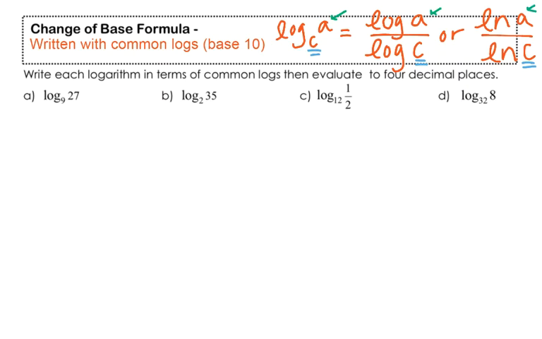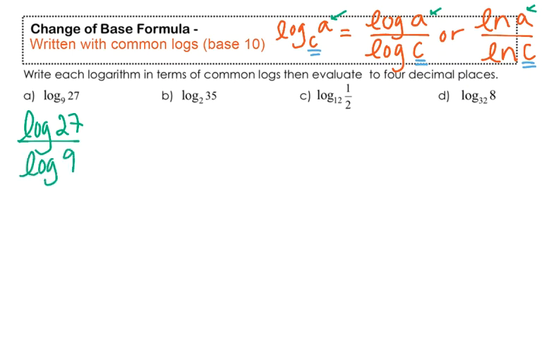Alright, let's try some. And again, you really want a calculator to do this because that's really what makes this so cool. So I'm going to rewrite log base 9 of 27 as log base 10 of 27 divided by log base 10 of 9.